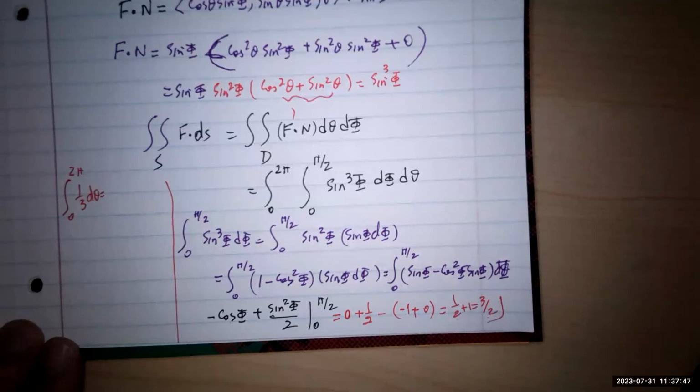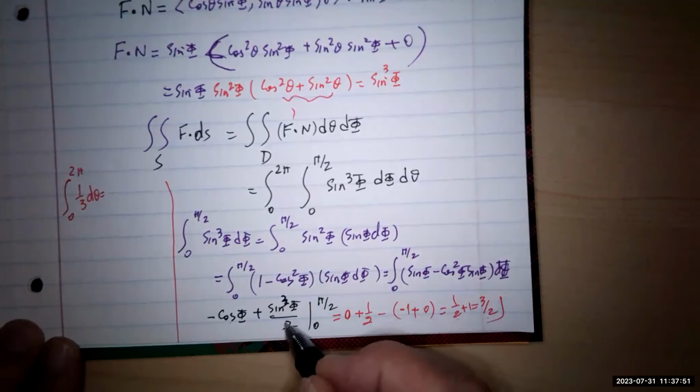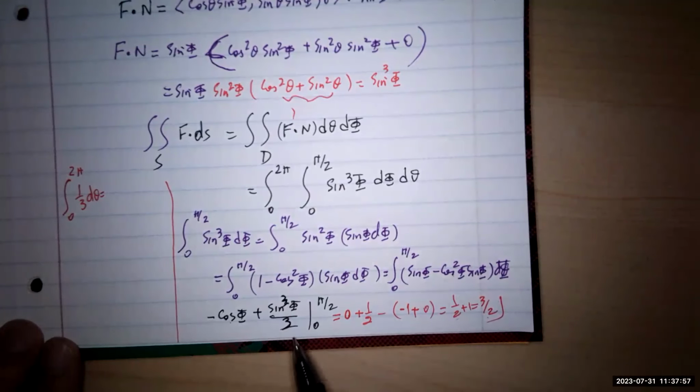Sorry, this must be sine cubed. Sine cubed over 3, because the cosine squared, you integrate it, would be cosine cubed. So everything is going to be all right. We put the pi half, that gives you 1/3.